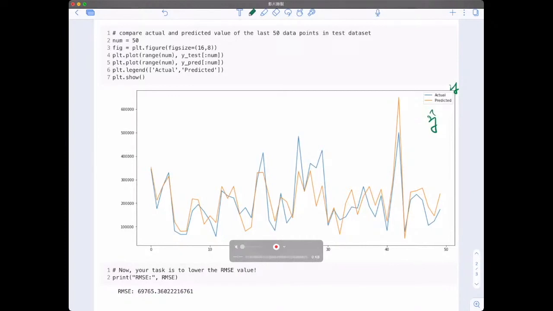So when you apply the testing data to this model, the model has already seen the training data, so it outputs a similar result for the testing data. The actual value and the predicted value are close enough that we can use this model to predict the house value.